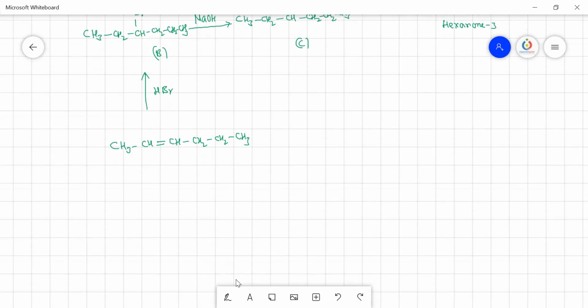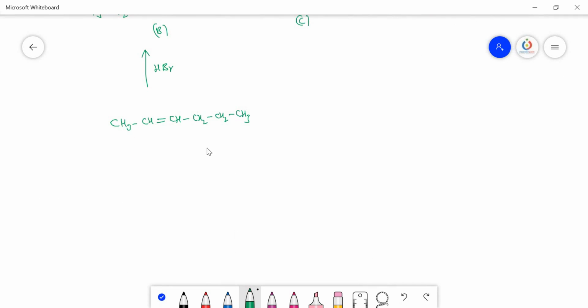Let us see the actual mechanism involved. I'll take this compound A, CH3, CH double bond CH, CH2, CH2 and CH3. Whenever you add H plus ion to this particular alkene, there are chances for the formation of two carbocations.